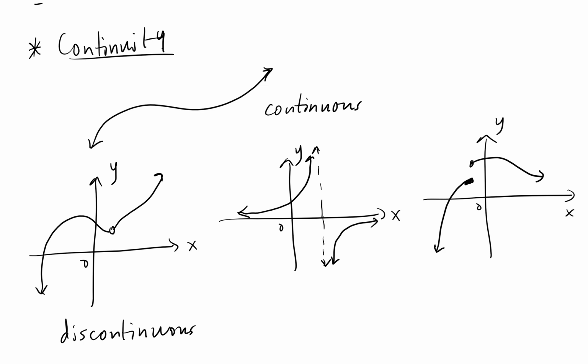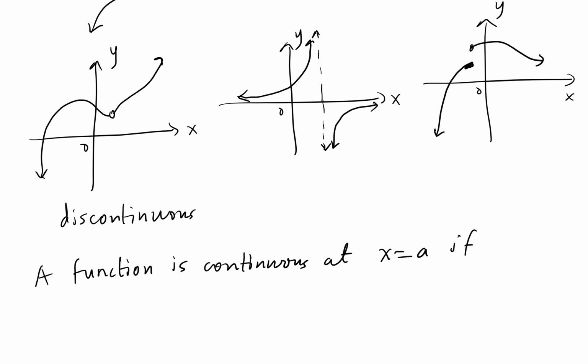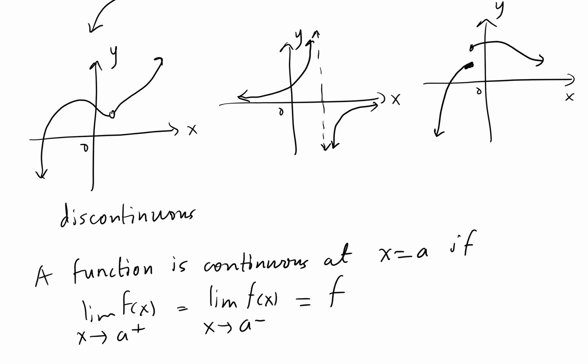Now, how to prove a function is continuous? We say a function is continuous at a point x equals a if the limit of f(x) as x approaches a from the right side is the same as the limit when x approaches a from the left side, equals f of a.